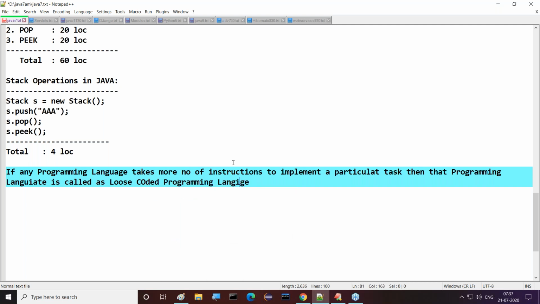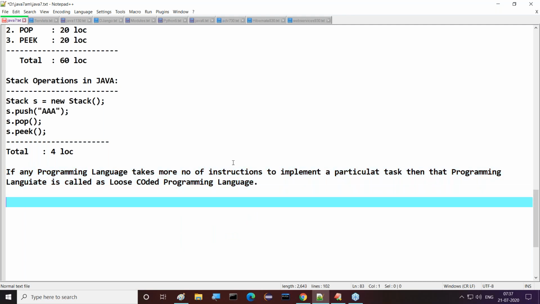That programming language is called which one? Loosely coded programming language. Right, sir.